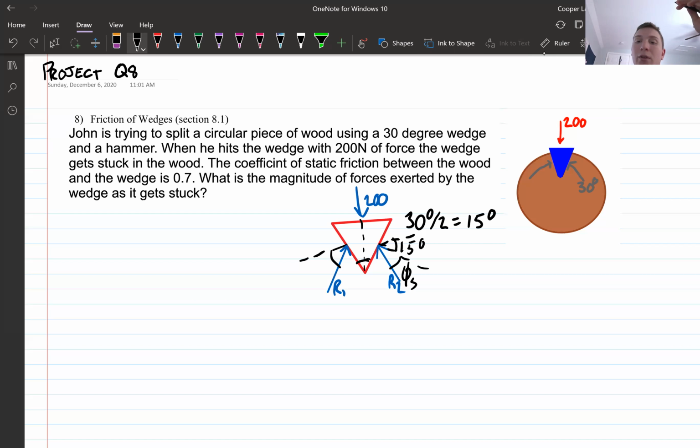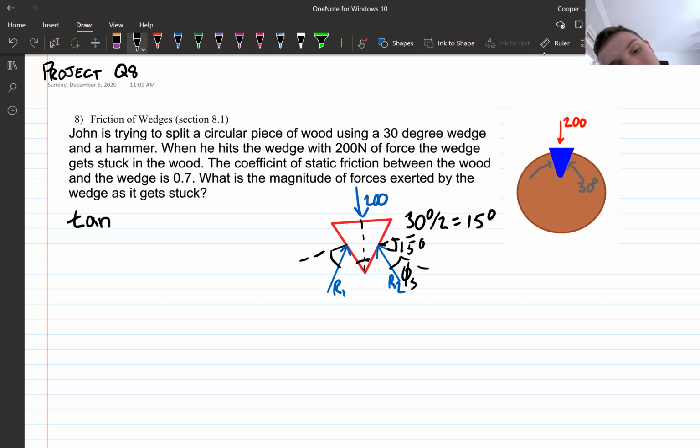So as a result, we know that that's our friction, which means that the total angle between the two, between 15 and phi sub s, is going to be phi plus 15 degrees. So now we have to start solving for phi. We know phi has to do with the static coefficient of friction.